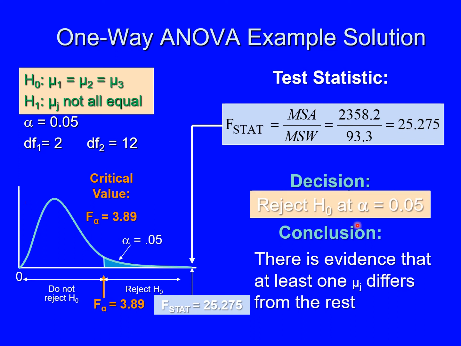So we must reject H naught at alpha equals 5%. The conclusion is that there is evidence that at least one mu differs from the rest, so not all population means are equal.